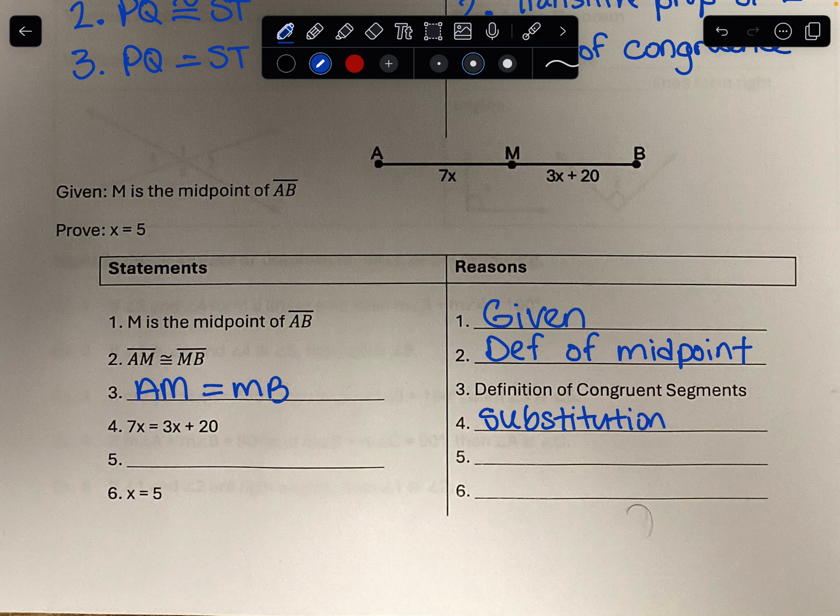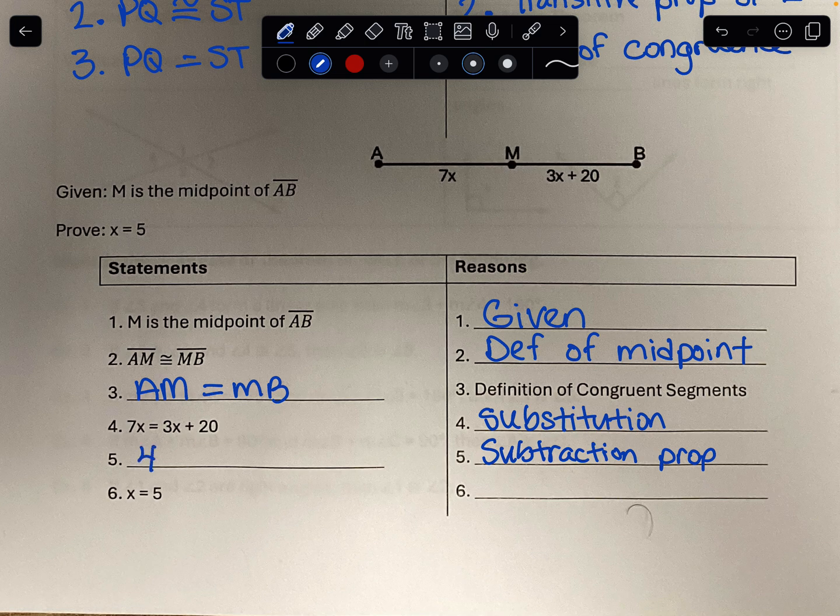Okay. Now, obviously we're trying to solve for what? X. So from step 4 to step 5, what would be my one step to move X? Okay, so we know we're going to use subtraction. What's 7x minus 3x? 4x.